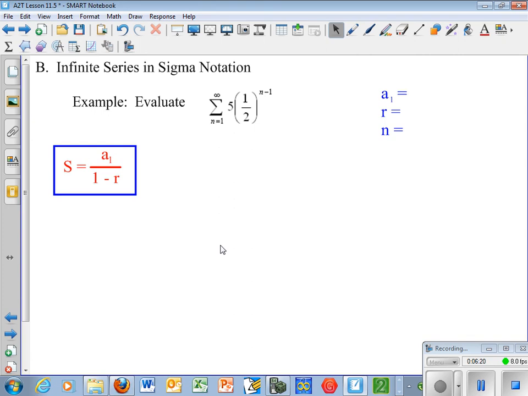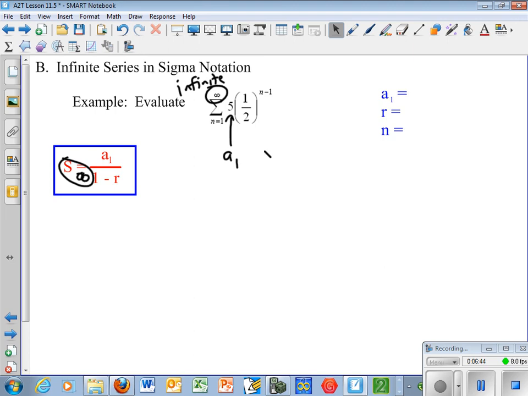We can also do sigma notation for infinite geometric series. So this is for infinite. Remember, that's the sum. This is A1. This tells me that this is an infinite geometric series. We're using that sigma symbol, but on top we're going from n equals 1 to infinity. So that tells me it's infinite.